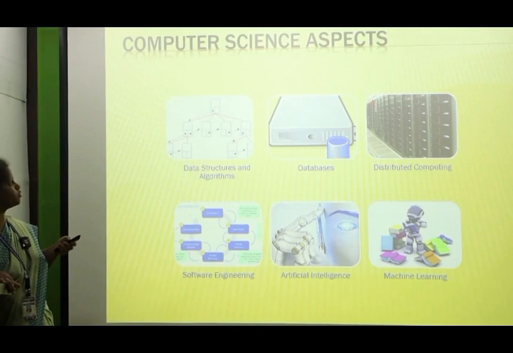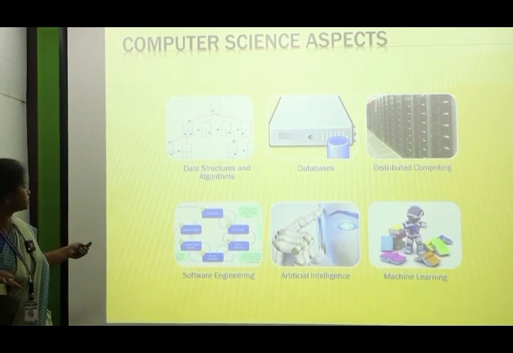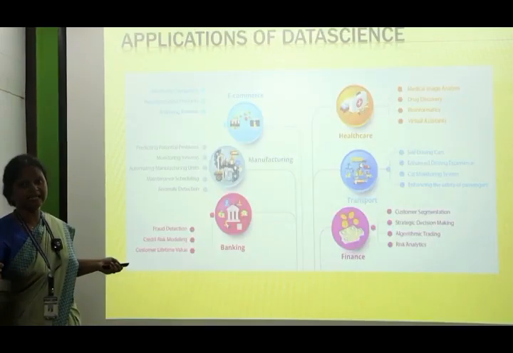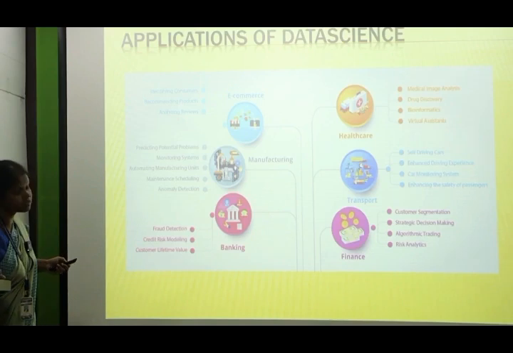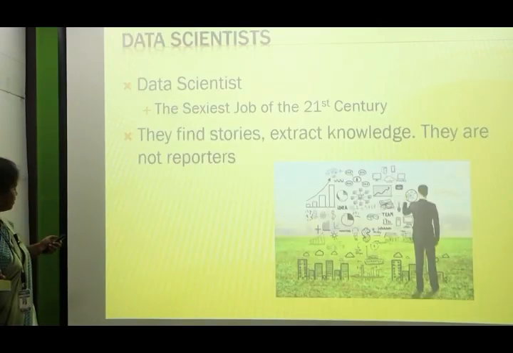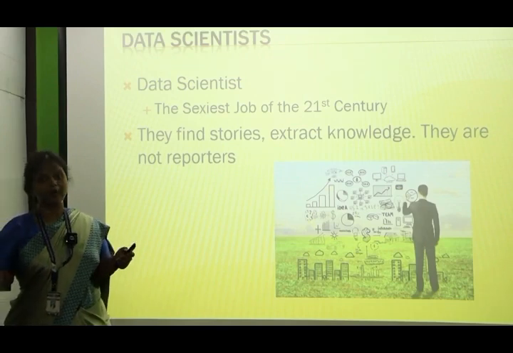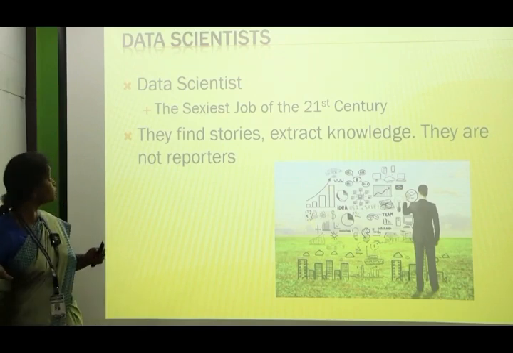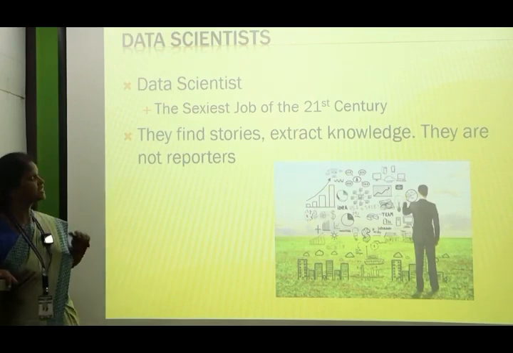If you are going for computer science: databases, distributed computing, data structures and algorithms, software engineering, machine learning, banking. These are some of the few areas where data science is being used. And coming to the second part of this chapter, data scientist. Okay. I have told you that the sexiest job of the 21st century is data scientist.